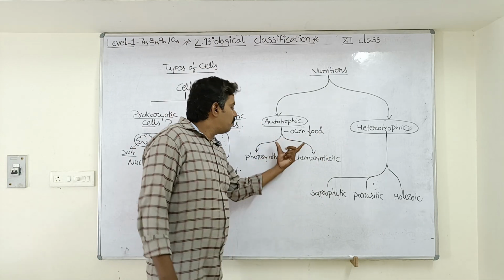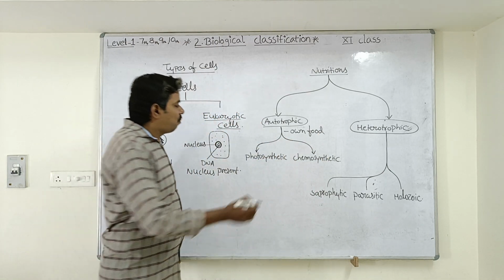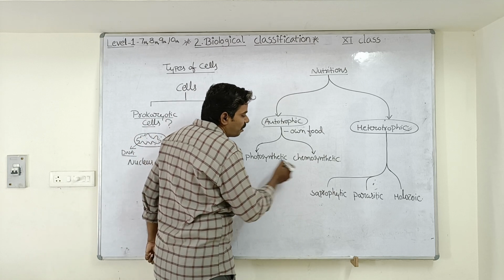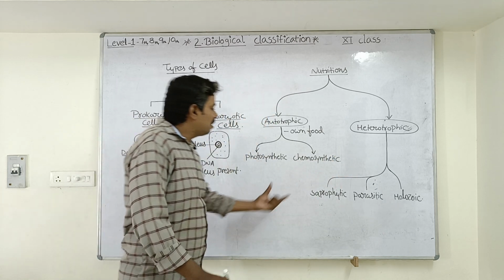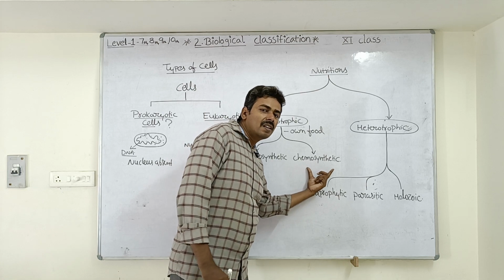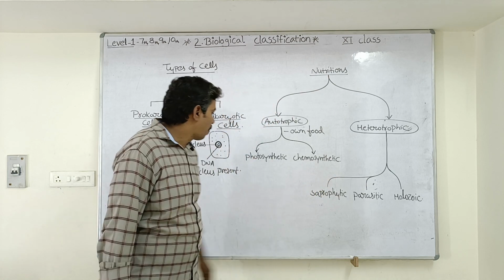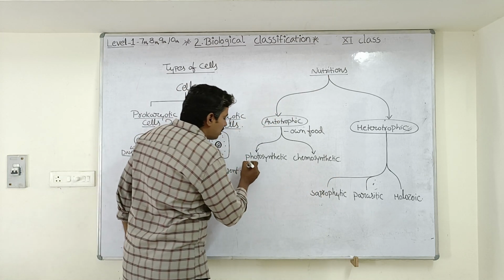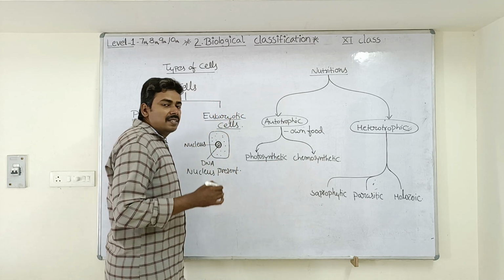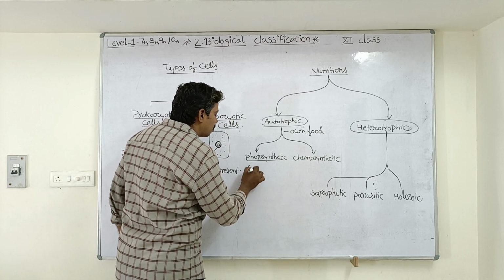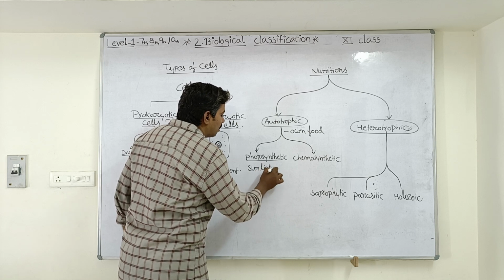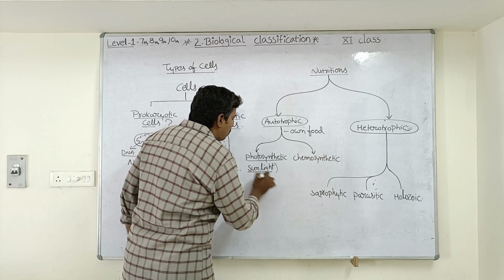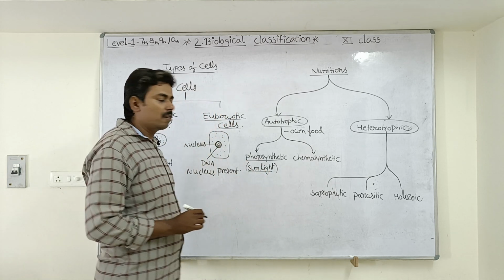Autotrophic nutrition is again of two types, photosynthetic autotrophic nutrition and chemosynthetic autotrophic nutrition. So this is somewhat a new term which you are hearing for the first time, isn't it? In photosynthetic nutrition, mostly you can see the green plants here. Food material is prepared by using sunlight. The energy is obtained from sunlight in order to prepare their own food.